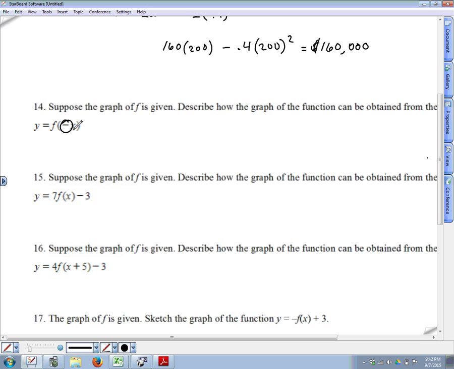Since it's inside the function, it affects x, so all the x values are being reflected. The positive x values become negative x values. If you're thinking about a graph, all the positive x values over here become negative x values over here. So this would be a horizontal reflection.